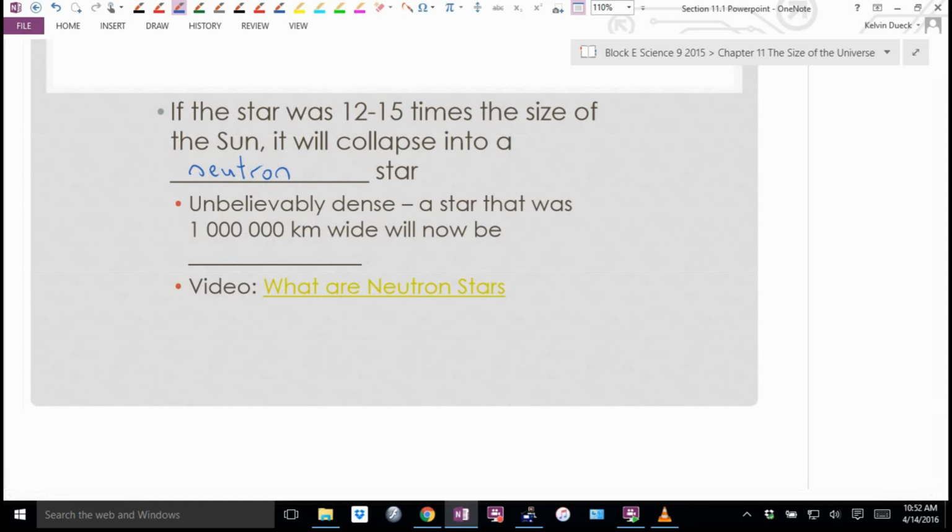A neutron star is unbelievably dense. So let's talk about density. You might recall we said density was how closely packed the atoms are. Both of these have pretty close to the same volume. Yes? Which one is denser? This one. It's very heavy. This is nothing compared to a neutron star.